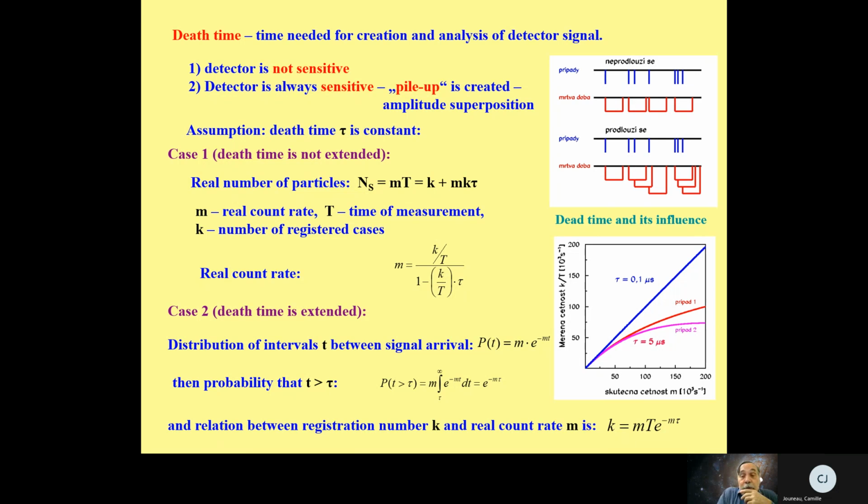For example, if you use such a detector which has this dead time extension for detection of neutrons from nuclear reactors, it's sometimes very difficult to distinguish the situation where you have very small intensities of these neutrons, and on the other side, it's possible to obtain the same measured count rate for very high intensity of these neutrons.